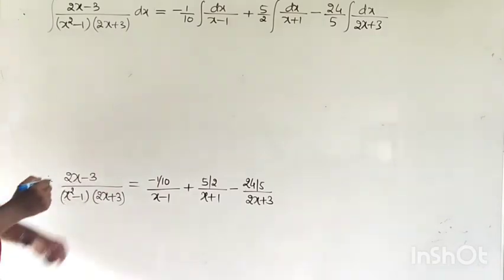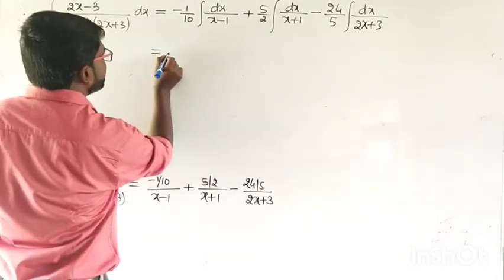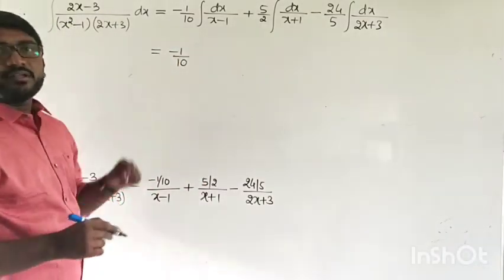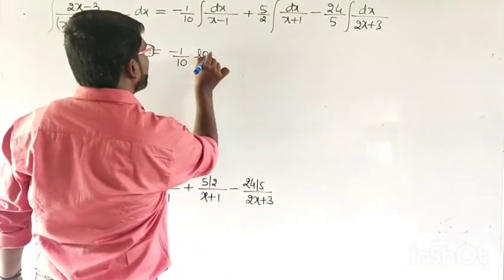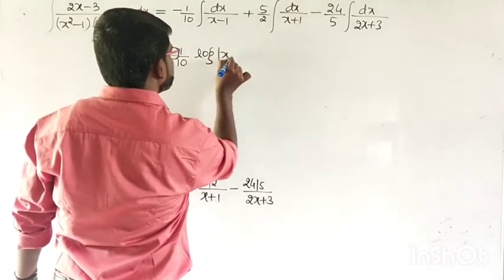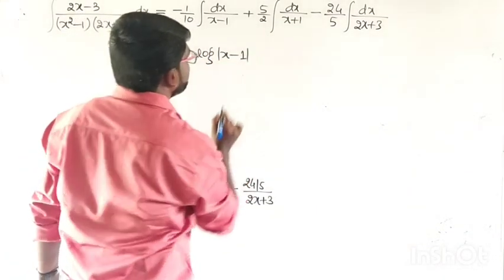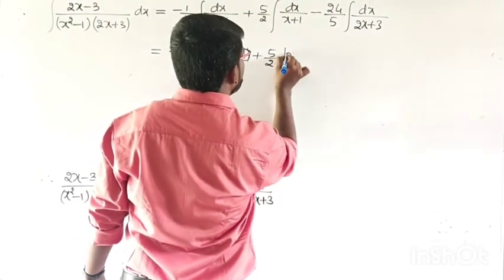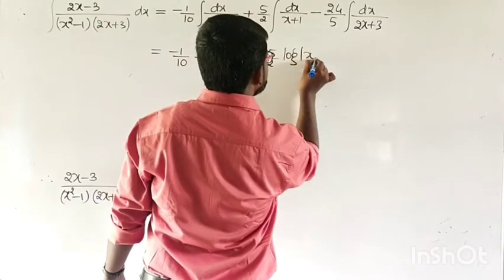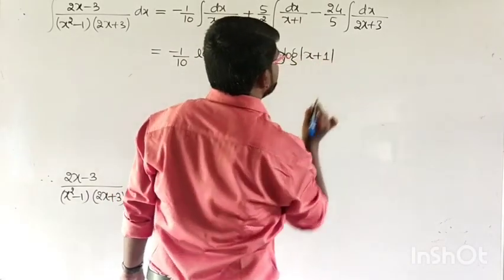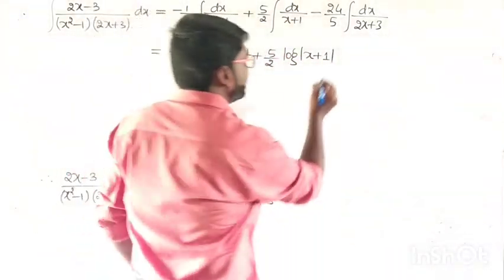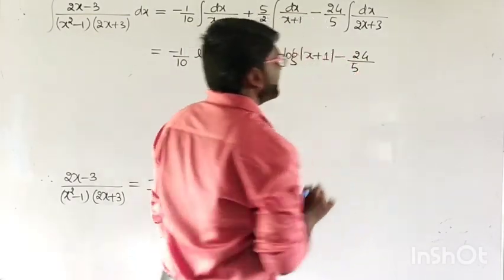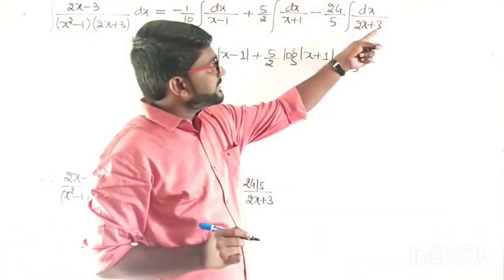Then integrate these three functions now. Minus 1 by 10 log mod x minus 1, then plus 5 by 2, write it as it is, then log mod x plus 1, then here minus 24 by 5, then dx by 2x plus 3.